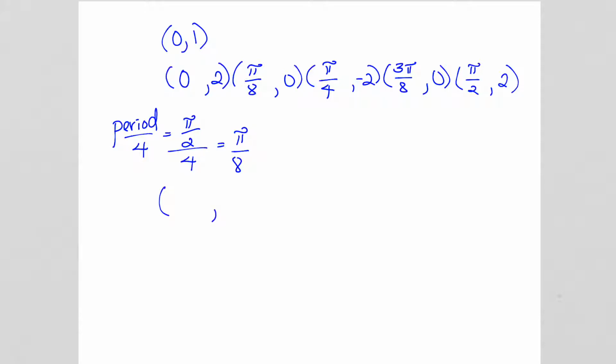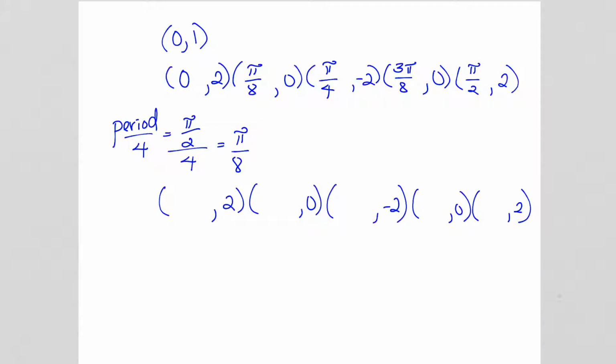And then we need to take into account our phase shift. So our y values are staying the same again. And then the phase shift, we said, was 3 pi over 4. So we need to take each of our x values and add 3 pi over 4.